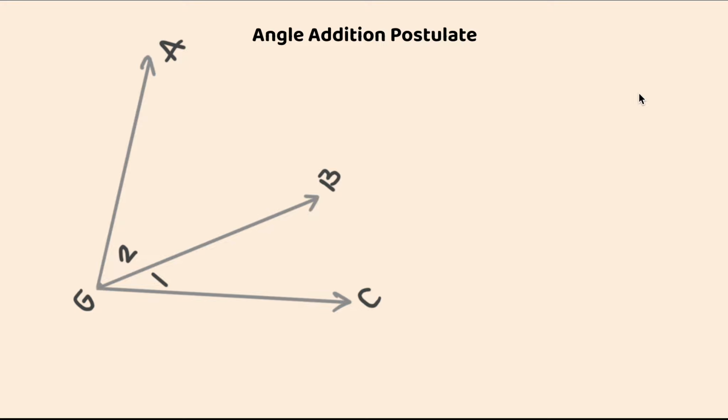So the angle addition postulate says that with this property, we're able to break up an angle into the sum of its pieces. Similar to segment addition, where we broke up a segment into smaller pieces and added them up, you can do the same thing with your angles.